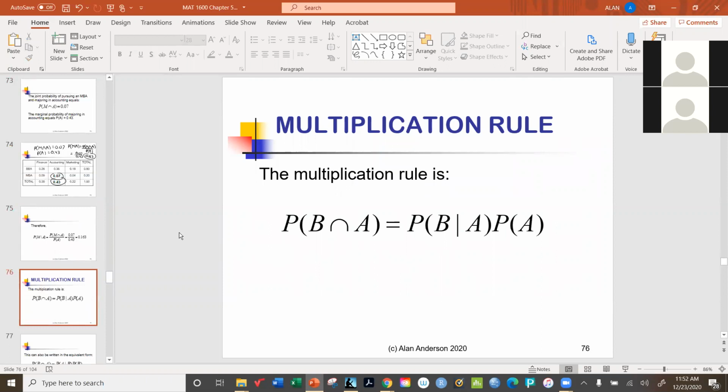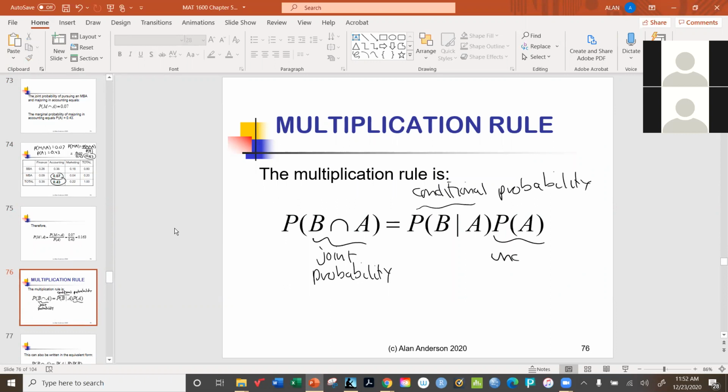This is one way of expressing the multiplication rule, and you can see it is in fact the product or the probability of a joint probability, and this is of course a conditional probability. And this is an unconditional probability.